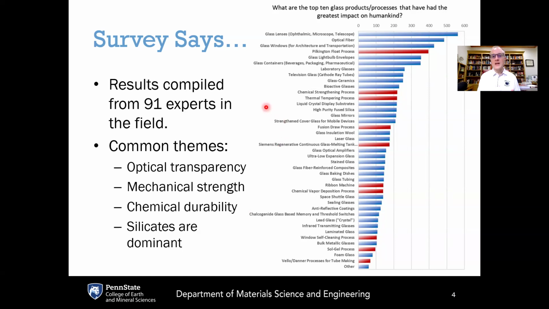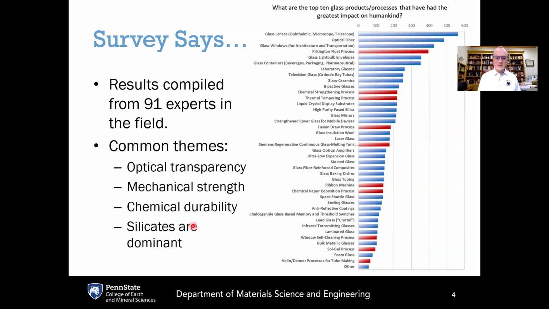It's exposed to rain or acid rain, or it's being used as a container to store acids or bases. And it needs to be resistant towards interactions between the glass material and whatever is being stored in it or whatever the environment is throwing at it. So chemical durability is also critically important for a large number of these applications.